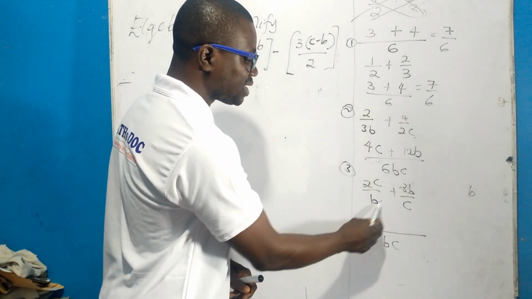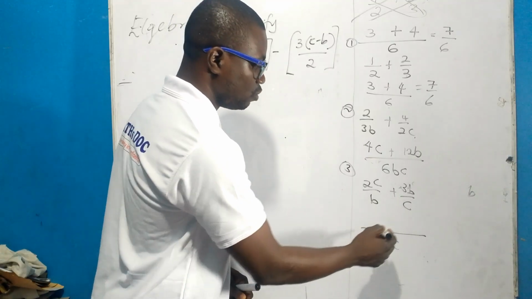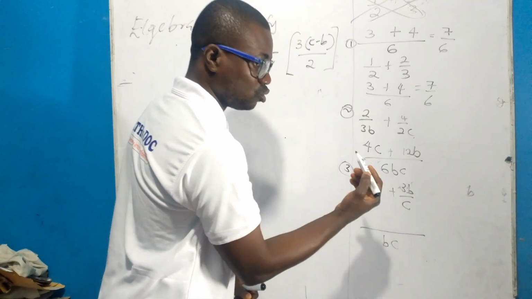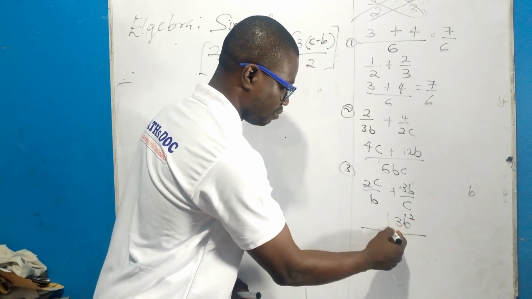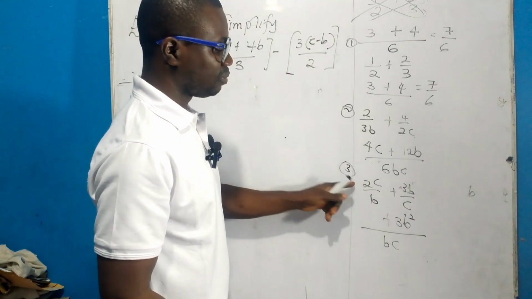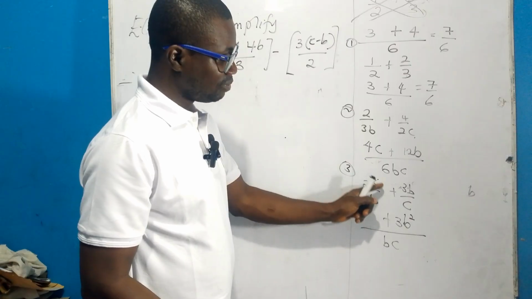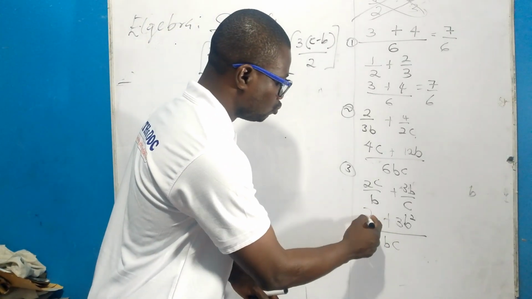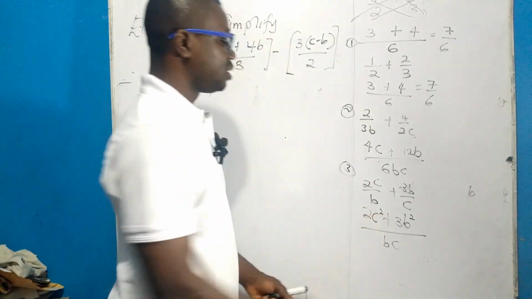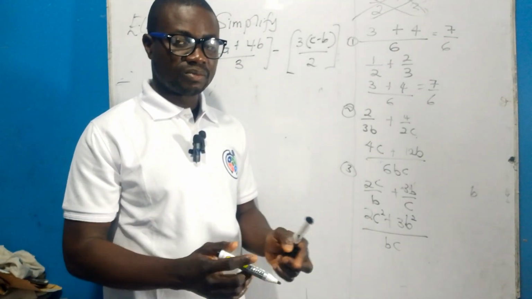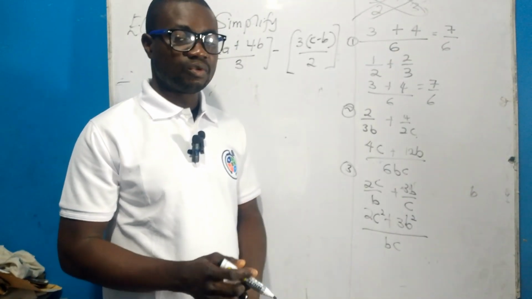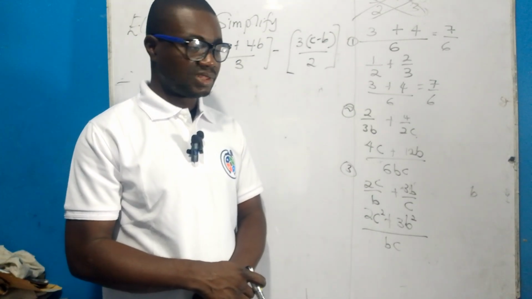So b times 3b will give you 3b squared, plus, you cross multiply, c times 2c will give you 2c squared. Likewise, the variables are different, so you can't add them together. So this is left as your answer.